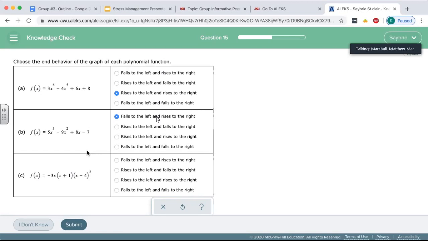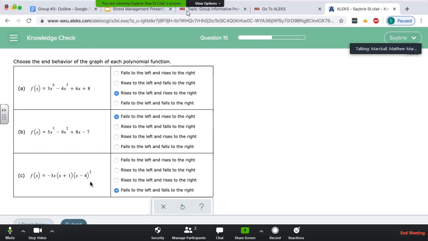What are you getting? Yeah, like an M. So falls left, falls right? That's what I think too. I think we're good. Hopefully no more of those. Those are a pain.